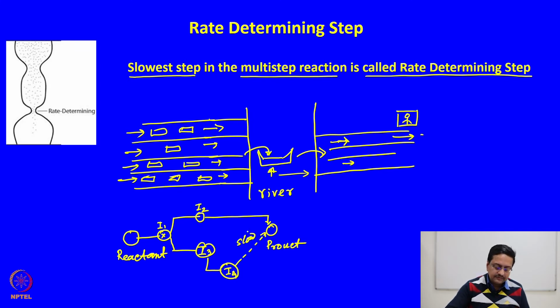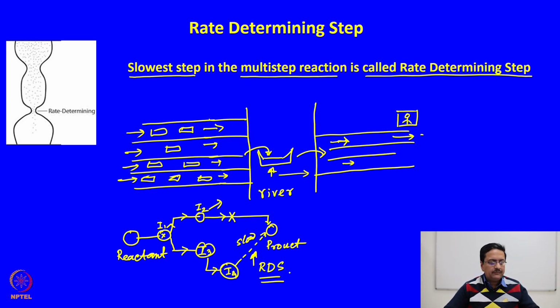What will happen is that this reaction will always tend to follow the faster path. So, now by some means if we try to block this path by withdrawing this intermediate from the reaction medium and we force the reaction to proceed through the other path to give the product, then the rate of that reaction will be totally dependent on how fast this last step of conversion of I4 to the product happens, and that will then be the rate determining step of that particular reaction.